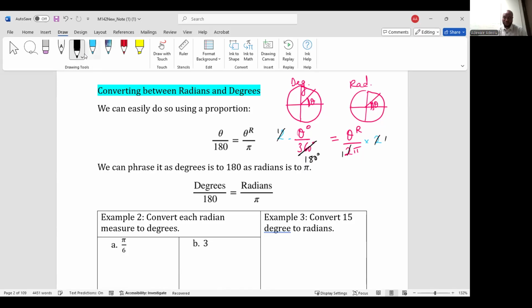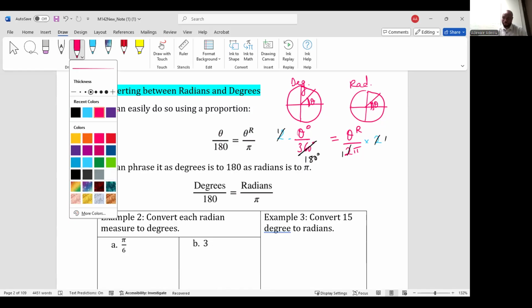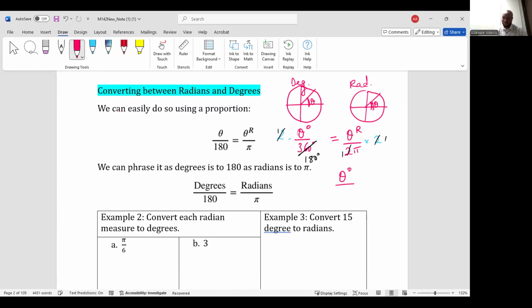So we do have that theta, the angle in degrees, is to 180 as the angle in radians is to pi. So this is the formula you need in converting from radians to degrees or from degrees to radians.